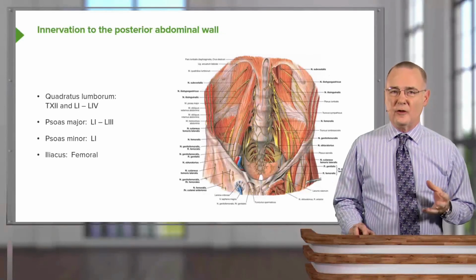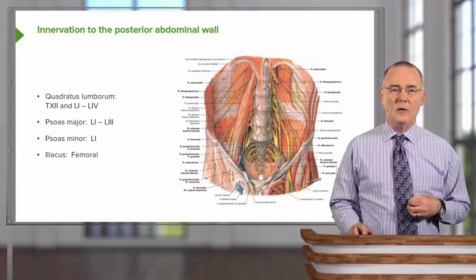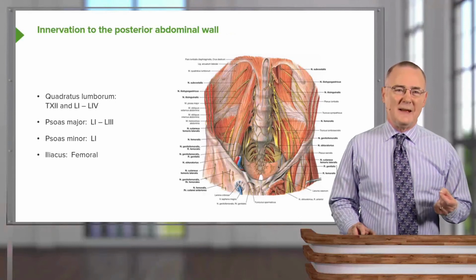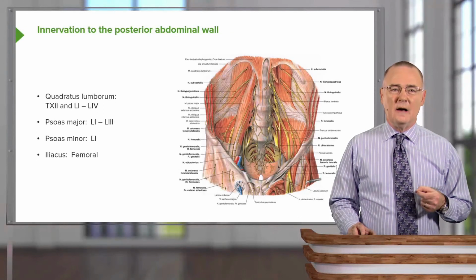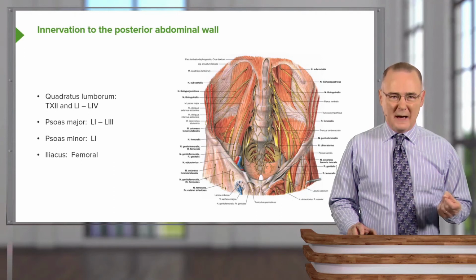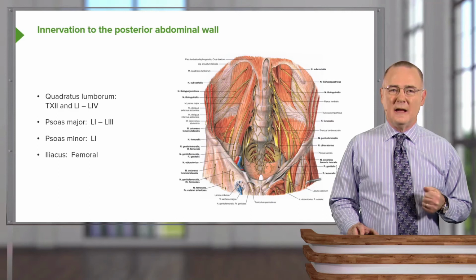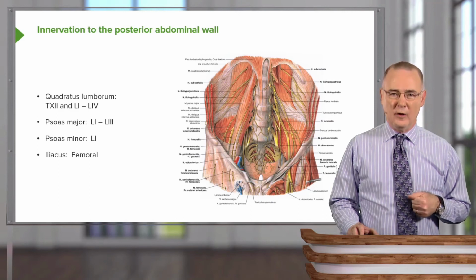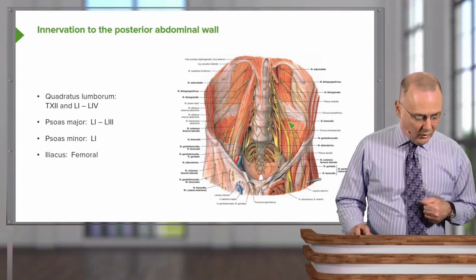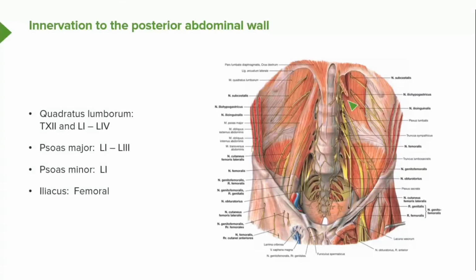Innervation to the muscles of the posterior abdominal wall is going to be from anterior rami of your spinal nerves as follows. You would have T12 and L1 through L4. The quadratus lumborum, shown in through here, is innervated by all of those segmental levels.